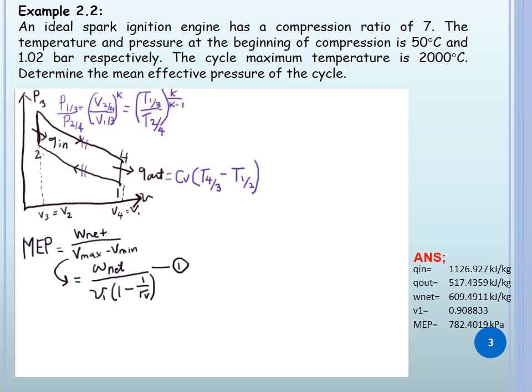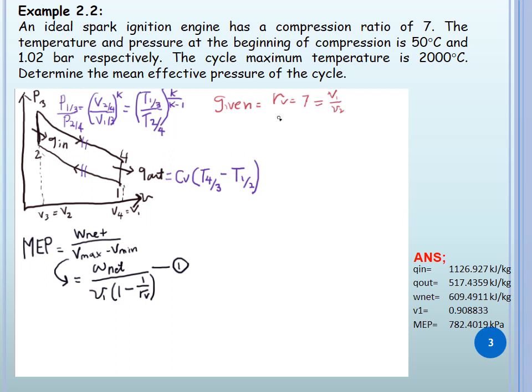Next, let me see what has been given by the question. What is given is rv equals 7, where rv is V1 over V2.